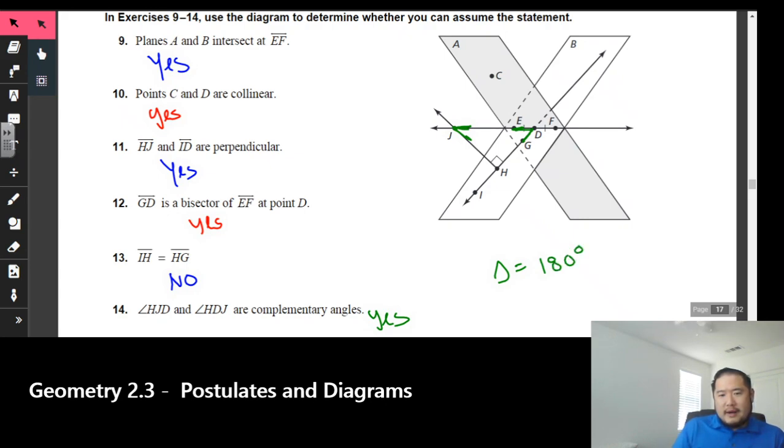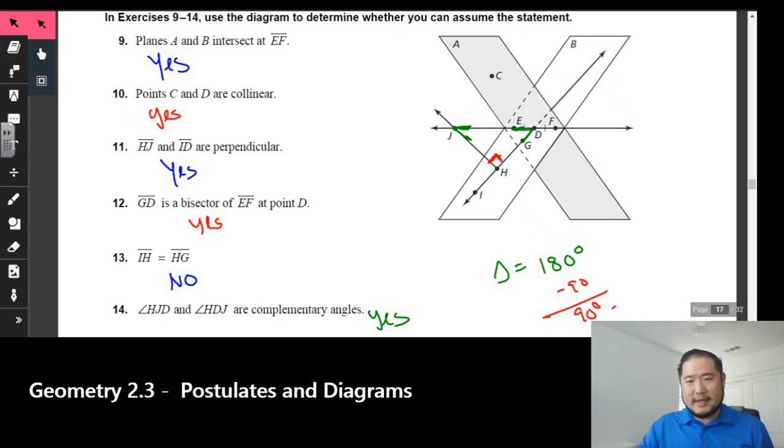I know that right here, see this? That's 90 degrees. So if I subtract 90 from 180, what's left? 90 degrees. That means these two angles right here have to add up to 90. So that's why we can assume those two angles, I don't know what they are, but they do add up to 90 degrees. And that's why this statement is true, because remember, complementary angles are two angles that add up to 90. All right, so that concludes section 2.3.